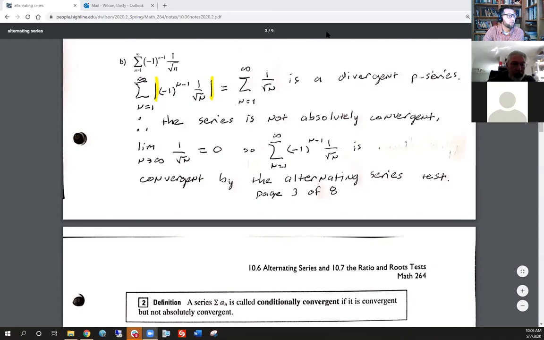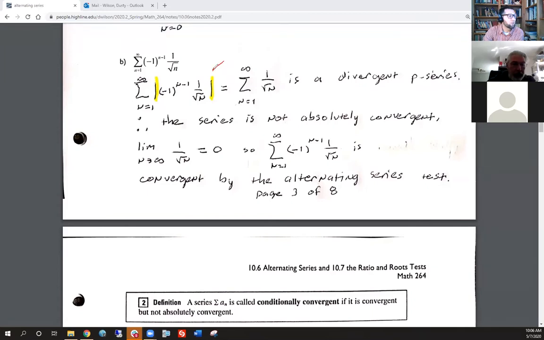We learned that if we took the absolute value, we would get a divergent series, which told us that the series is not absolutely convergent. But then we took the limit of the terms, using the alternating series test, and since the limit of the terms was 0, our series was convergent by the alternating series test. And that's where we left off.